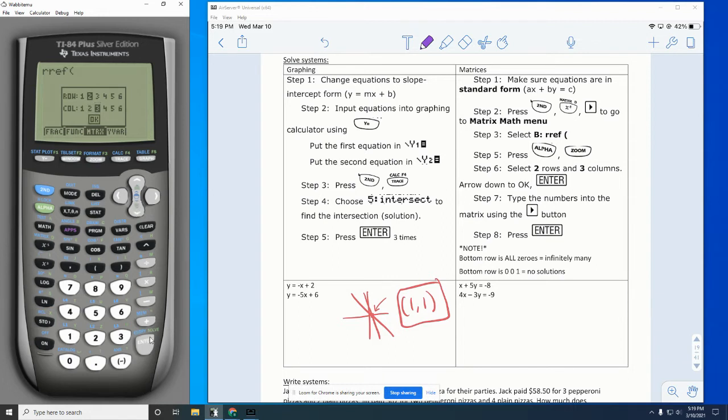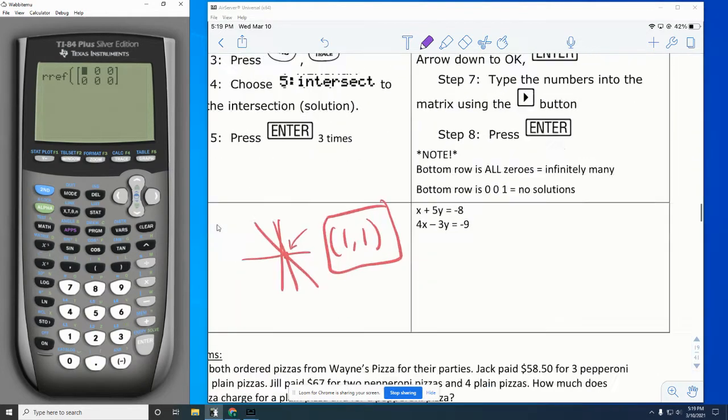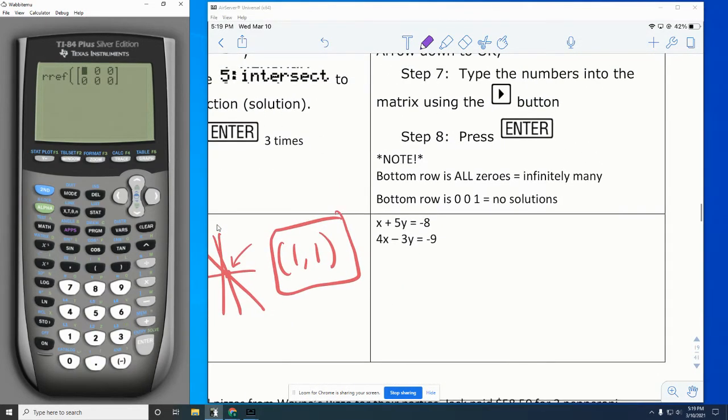Remember, your calculator will be cleared on the day of the EOC, so you'll have to make sure you enter this and click OK. Then we type all of the numbers into the matrix using the right arrow keys. So this is the problem that we're working through. These are already set up for matrices, so I didn't have to do any rearranging. And I'm only entering the numbers that are in front, not the letters. So notice there's no x's or y's in my calculator.